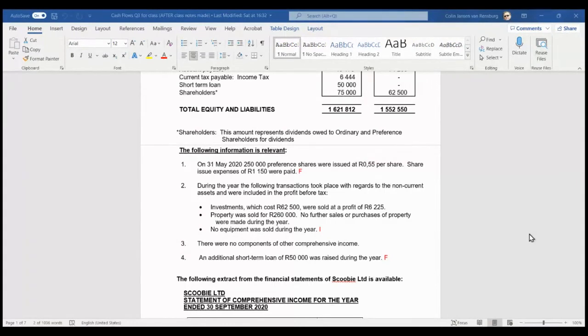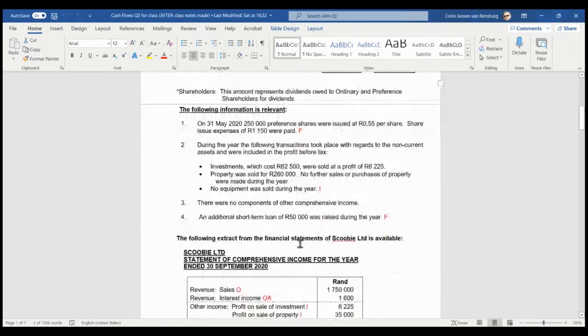So we take the cost of the investments that were sold, we add the profit that we've made on the investments that were sold of 6,225, which means that the proceeds on the disposal of those investments would have been 68,725. Right.